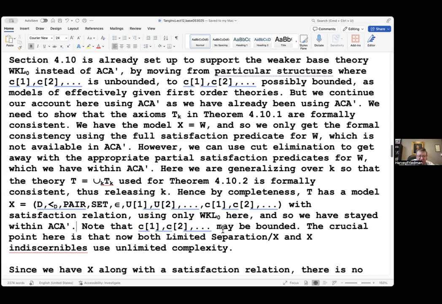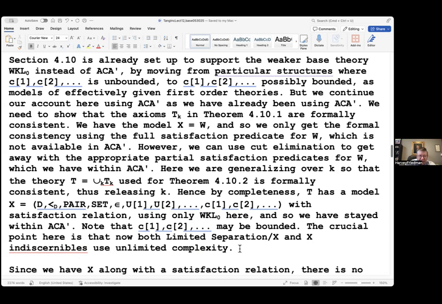Note that C1, C2, dot dot dot may be bounded. That's the usual cost when you go to first order axiomatizations, because you can't say that it's unbounded this way. It's not first order to say that. The crucial point here is that now both limited separation and indiscernibles use unlimited complexity.